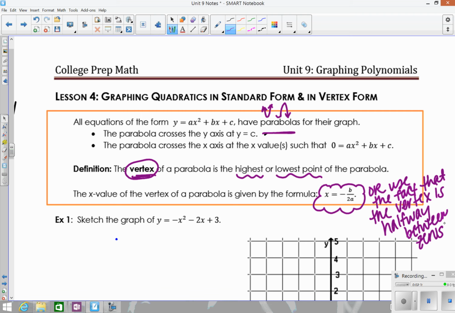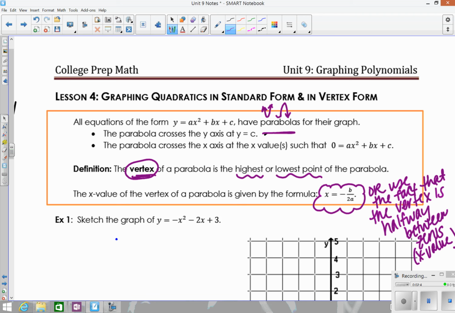I should say between the x value of the zeros. So the point won't actually be halfway between the two zeros, but the x value. Halfway between the zeros. I'm just going to write x value here. And you'll see what I mean by that when we do an example.